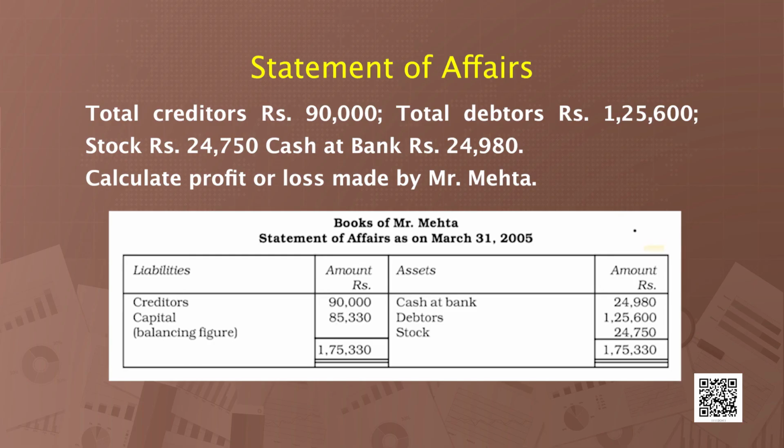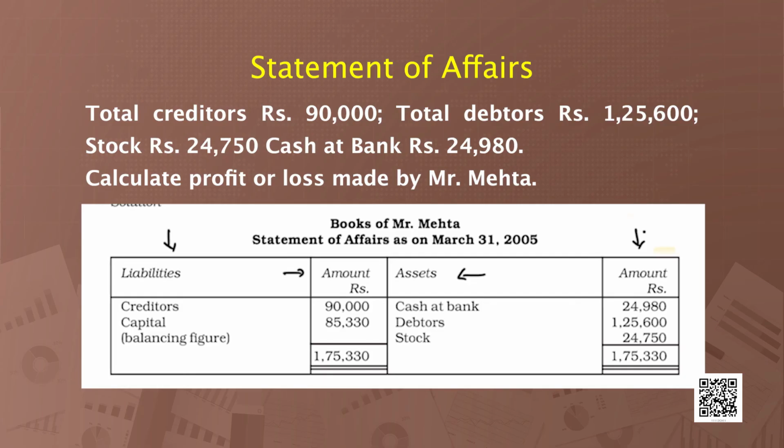So, recall the format of balance sheet you learned in your last chapter. The format is same: liabilities, amount, assets and amount. Now, I am going to place each and every balance at its place. The first thing was creditors. I placed it on the liability side. Then you had debtors.